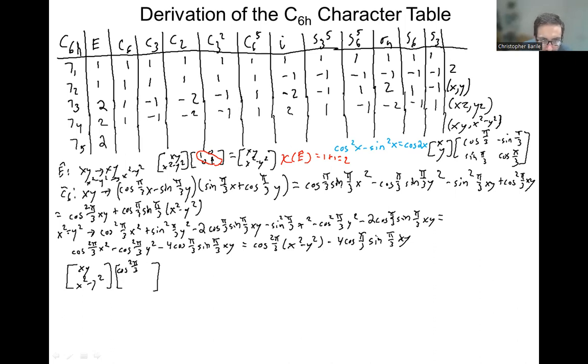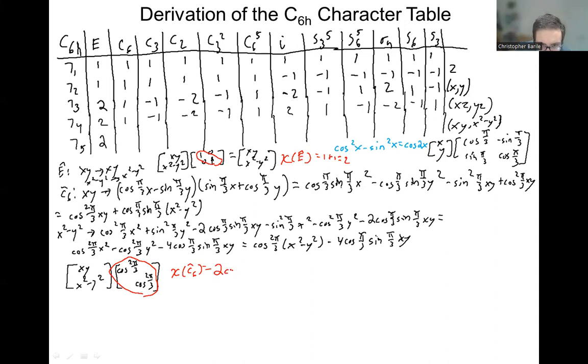And similarly, for x squared minus y squared, the on-diagonal element is the constant, cosine, same thing, cosine 2 pi over 3. And so our trace of our matrix, chi of C6, is going to be equal to cosine 2 pi over 3 plus cosine 2 pi over 3, right?